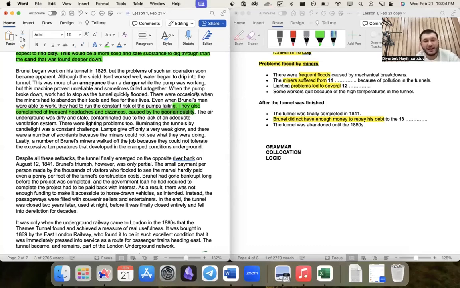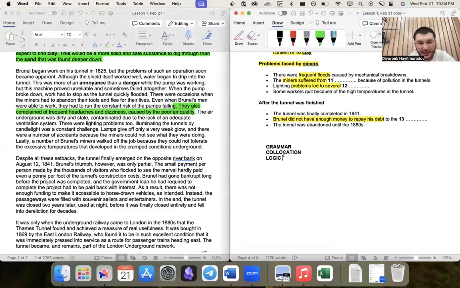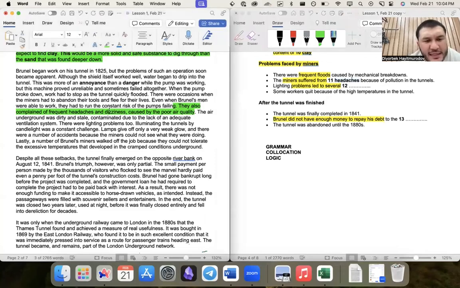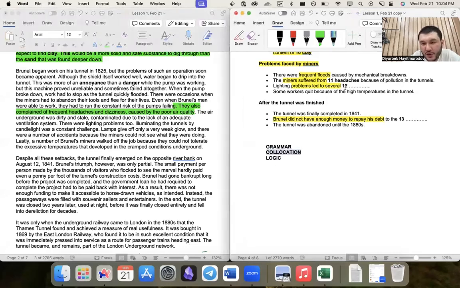Somebody wrote "quality". Interesting, guys, you cannot say quality. How can you suffer from quality? There is no logic in that answer. The answer is headaches. Some of you are asking, that's a good question, honestly: why not dizziness? Because they complained of frequent headaches and dizziness. Well, now it's your knowledge of collocation. Can you suffer from headaches, and can you suffer from dizziness? Which one sounds more natural to you?